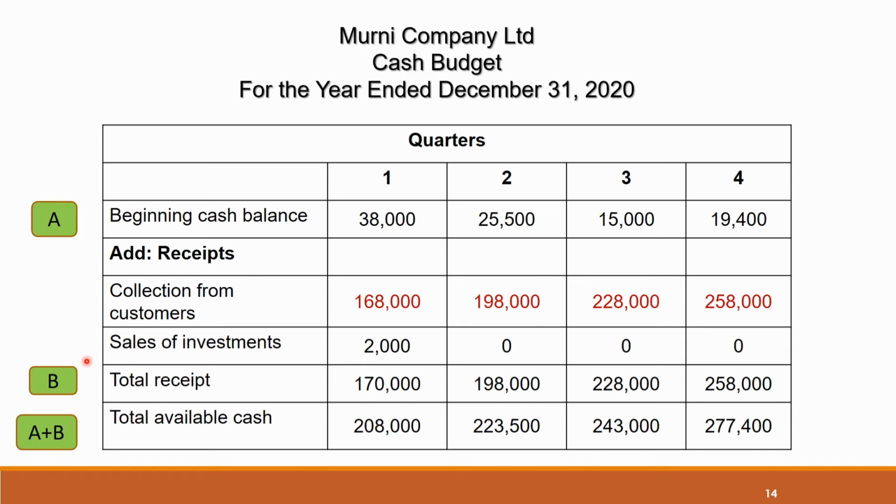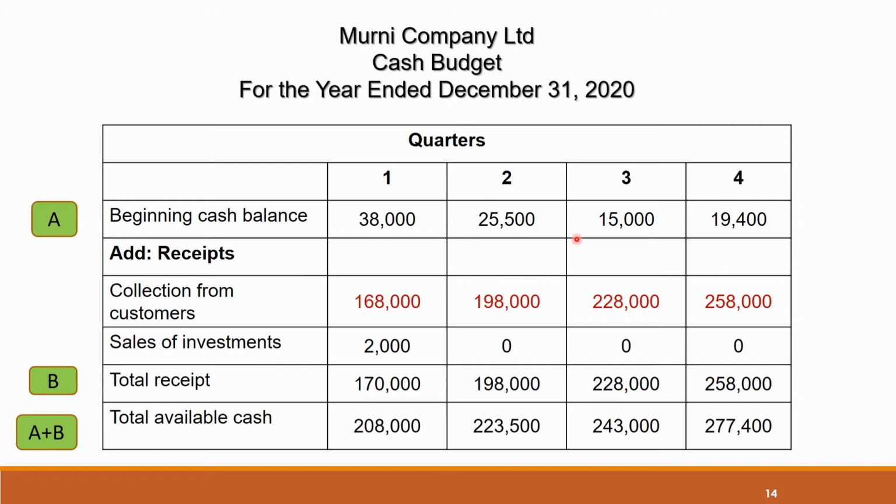Okay, this is the format of cash budget. We must start with the beginning cash balance. So we just focus on the first quarter. The first one given in the question, beginning cash balance 38,000. This figure we get from the ending balance of the first quarter carried forward to the second quarter.